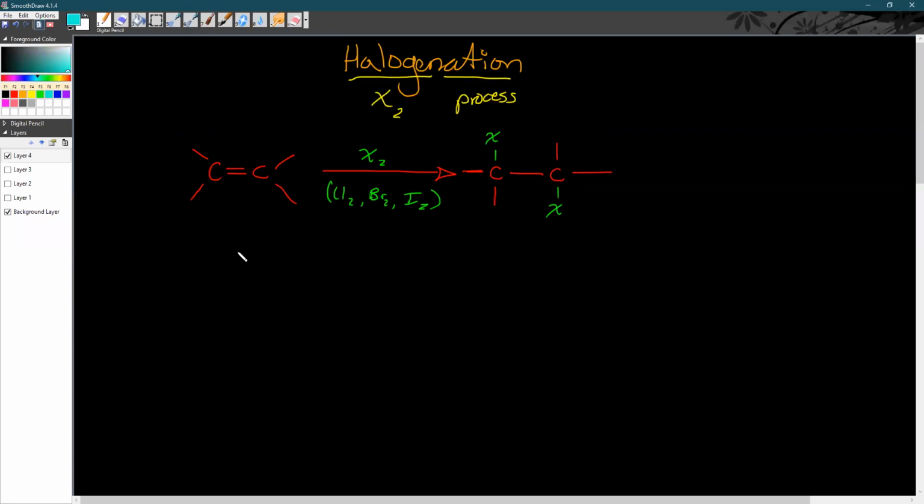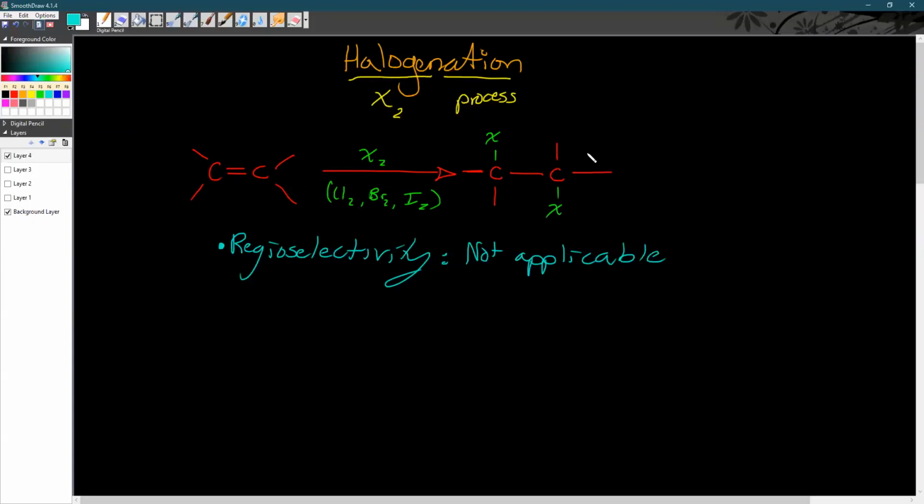What are our bullet points? Well, our regioselectivity, what do we think? Well, in this case, it's not applicable. The most substituted carbon and the less substituted carbon are getting the same group, right?